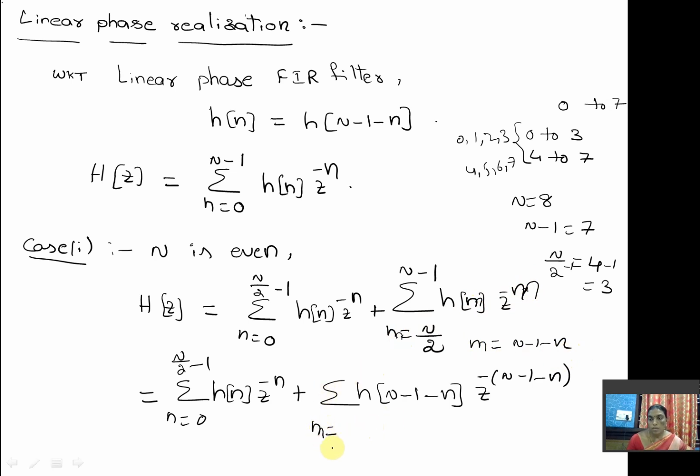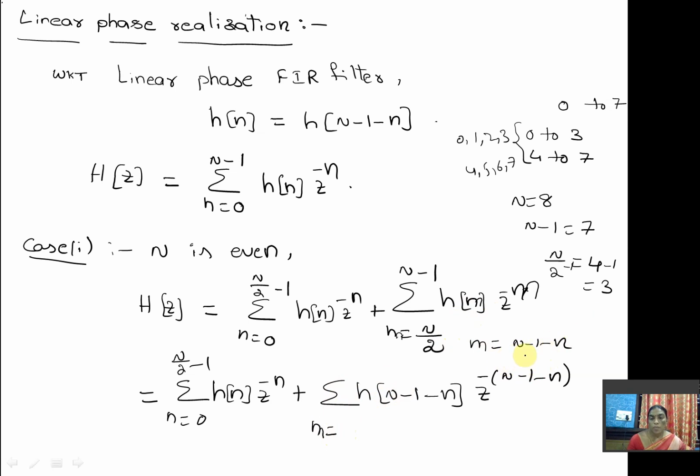In this way you can modify it. If you have clarity on this, there is no need to convert it; directly place n and find the limits.